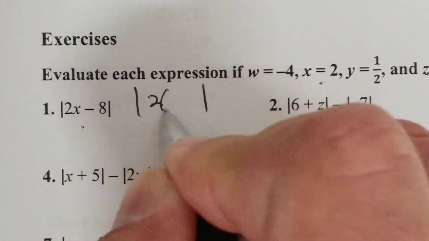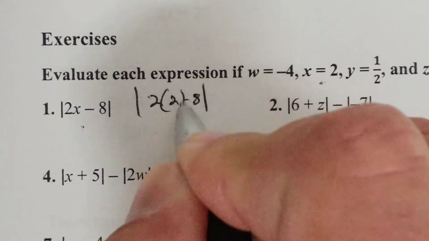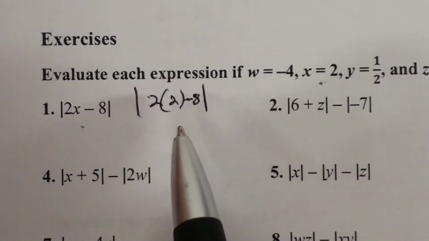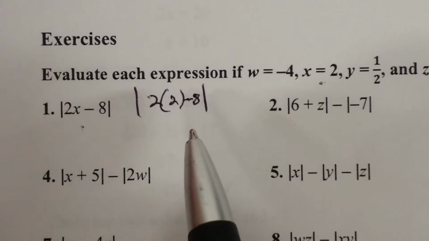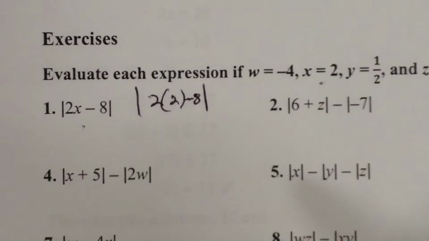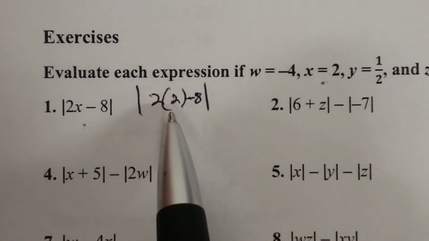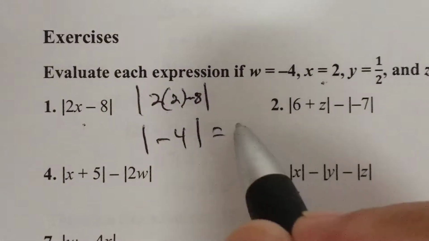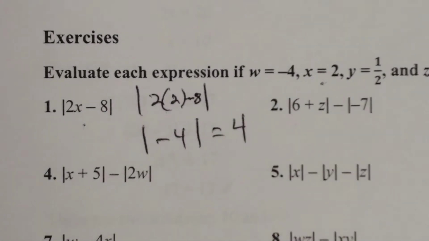So I get the absolute value of 2 times 2 minus 8. I need to simplify everything inside the absolute value bars first and then take the absolute value of it. Following the order of operations, 2 times 2 is 4, 4 minus 8 is negative 4, and the absolute value of negative 4, like we said before, is positive 4.